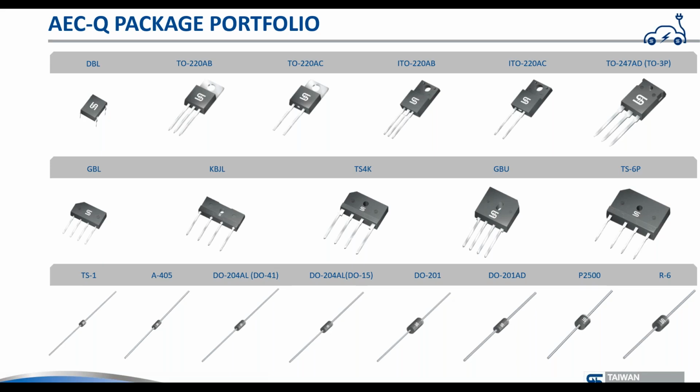The bottom ones, for example, these axial devices, they're still sold. There may be some surprises for some people, but there are a lot of applications for rectifiers where there's not even a PCB, like a photovoltaic junction box, where all the connections are, for example, mechanical. So there's also a future here for axial devices.